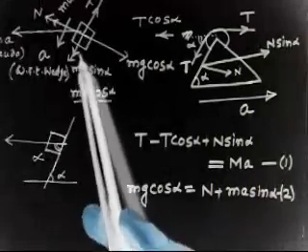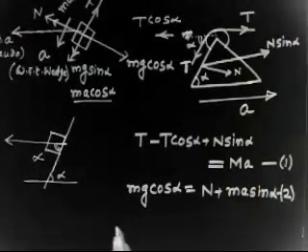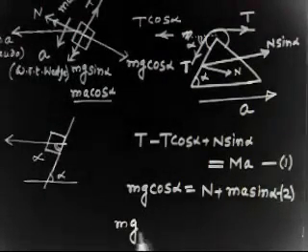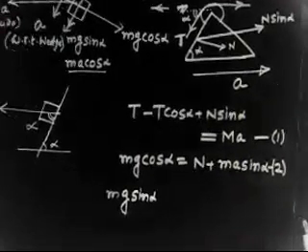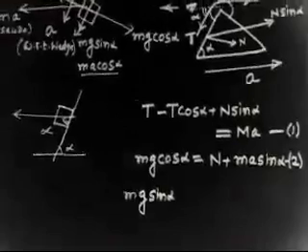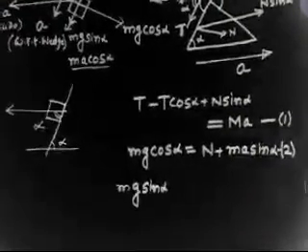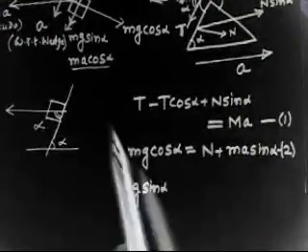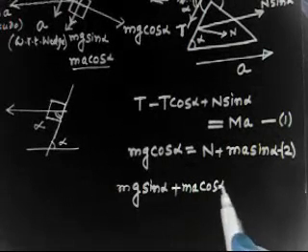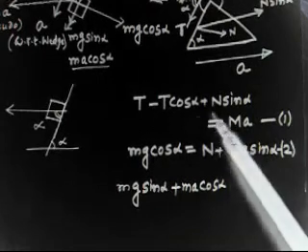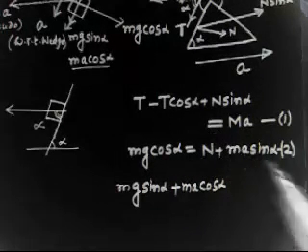Now the third equation: this block moves this side with acceleration a. So mg sin alpha, and I think you have written this one, mg sin alpha plus ma cos alpha, that is also acting downward. Any other force in the downward direction? No other force is basically acting.